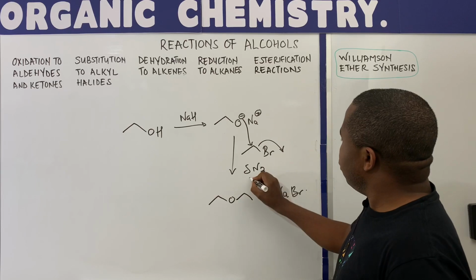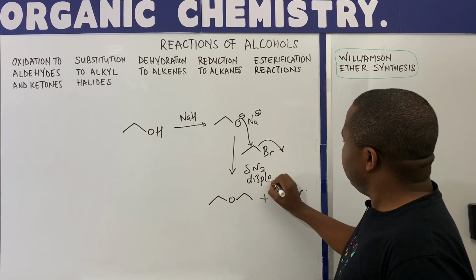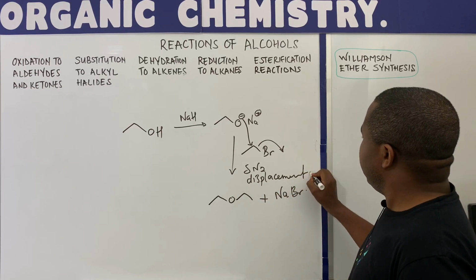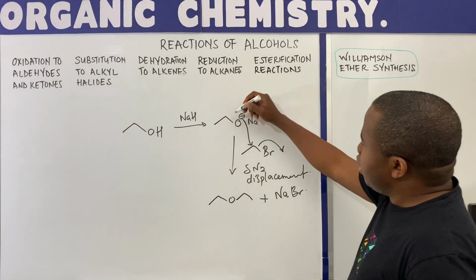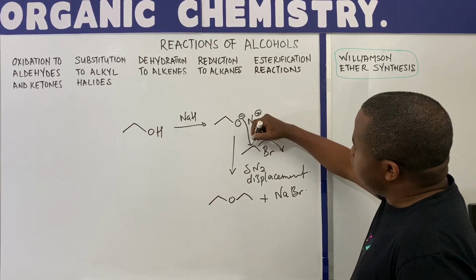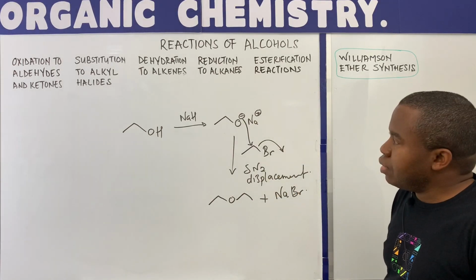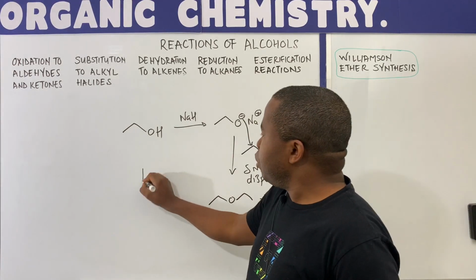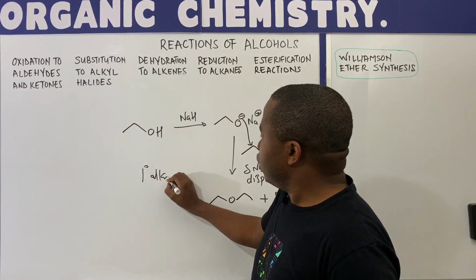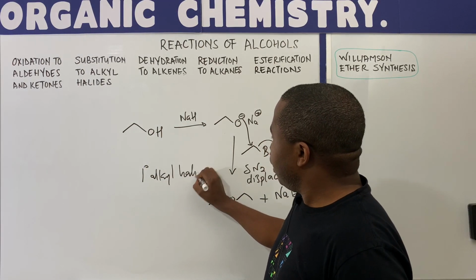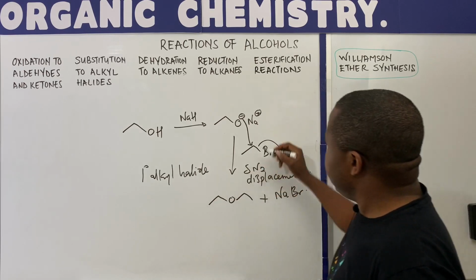So this is basically an SN2 displacement reaction. We can see there's a back attack on the ethyl bromide, and that is why for the Williamson Ether synthesis we often use primary alkyl halide, to aid the back attack.